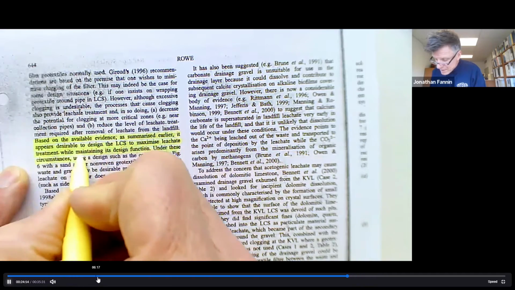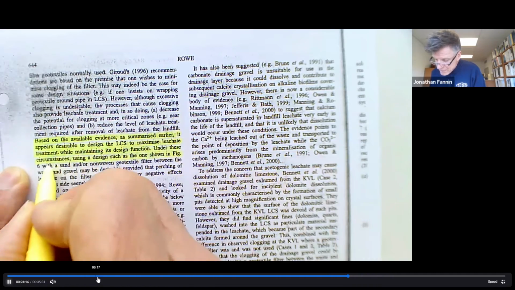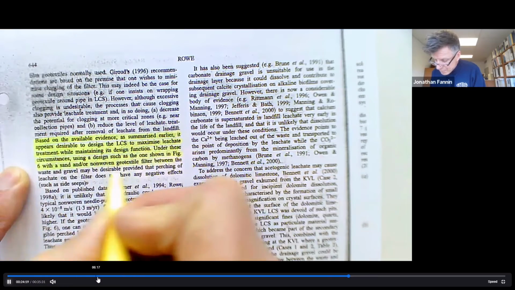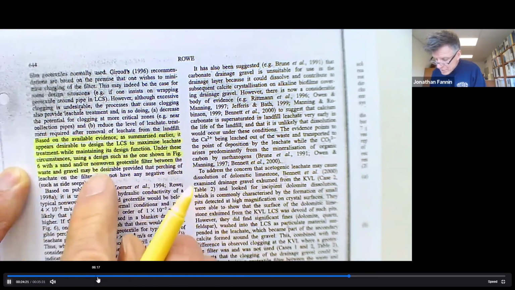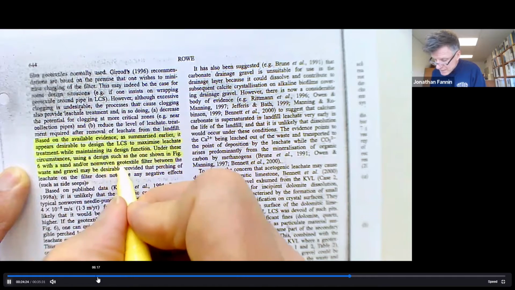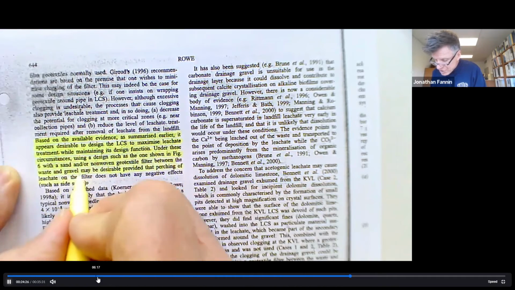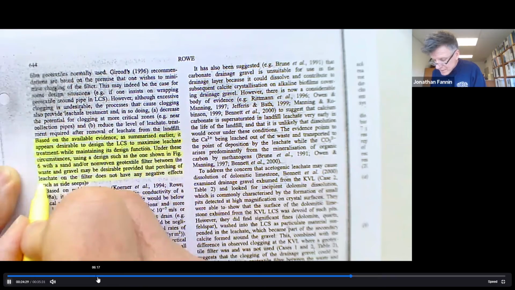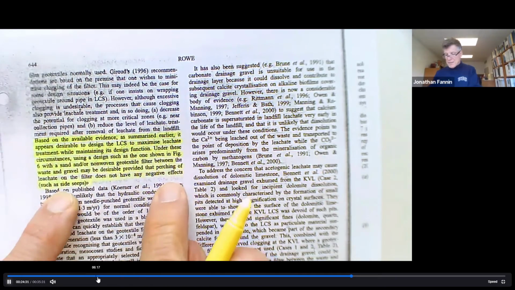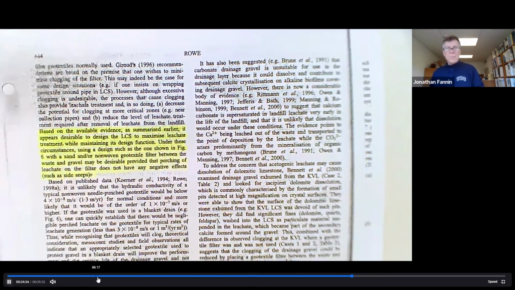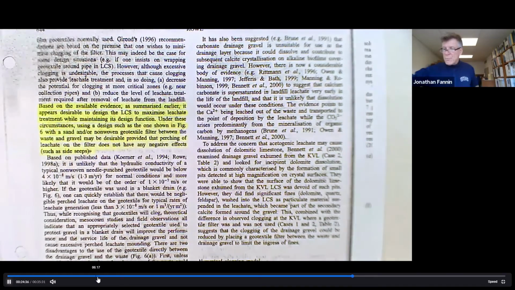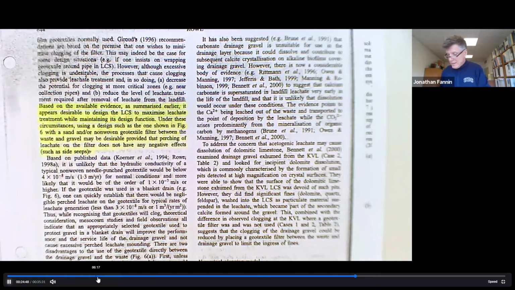Under these circumstances, using a design such as that in figure 6, and K. Rowe uses his words nicely, may be desirable, provided the perching of leachate on the filter doesn't have any negative side effects. And that's a beautifully written caveat by someone who has provided some very, very good advice over the years to owners, including those of the Kiel Valley.